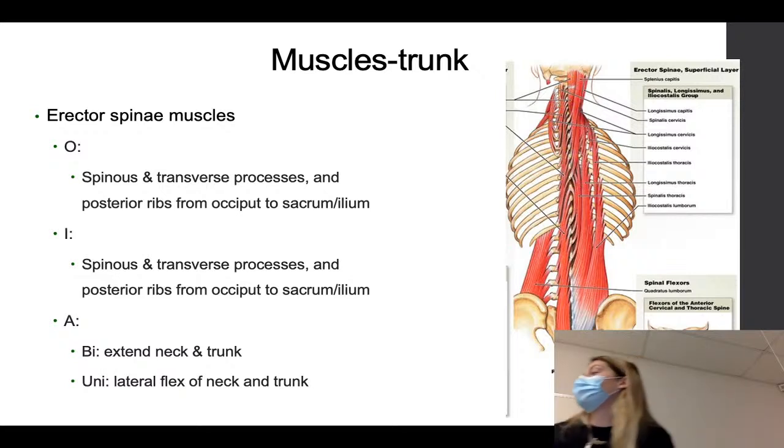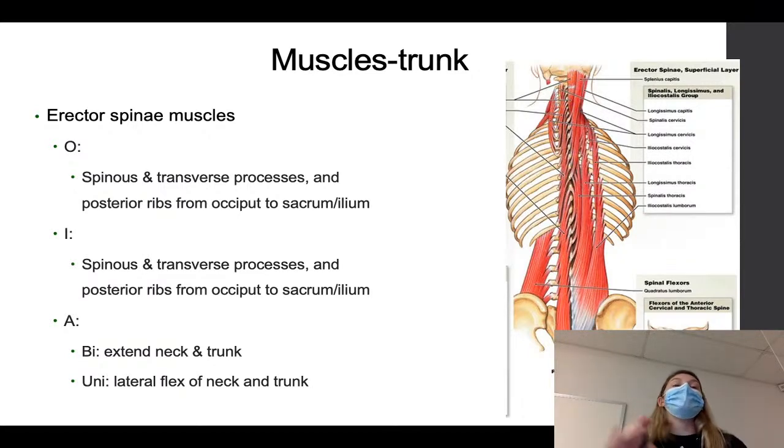Moving on to our back trunk muscles, we're going to have our erector spinae. This is what you're probably most familiar with of your back muscles. Your erector spinae have a very easy origin and insertion to recognize, because they're the exact same thing. It is your spinous and transverse processes and all posterior ribs from occiput to sacrum.